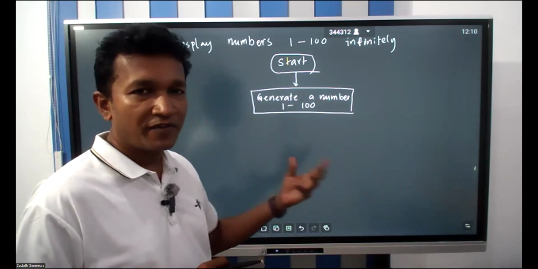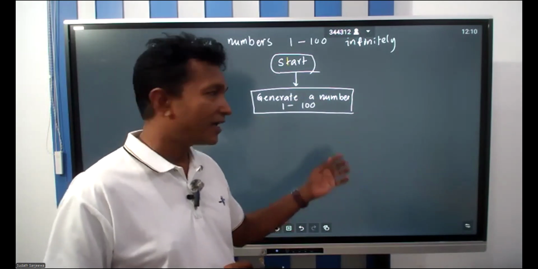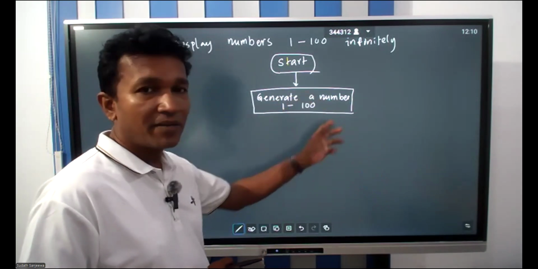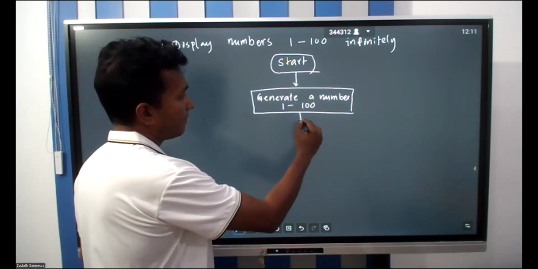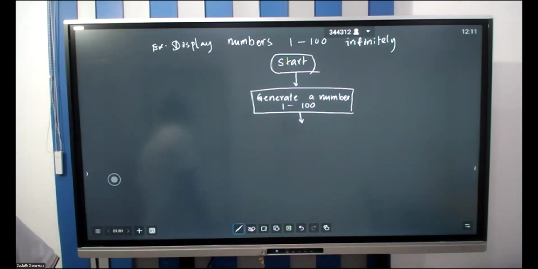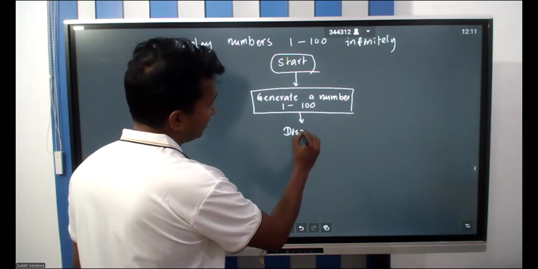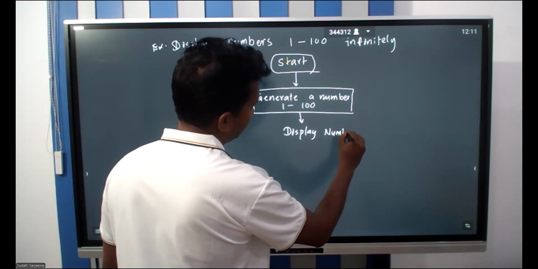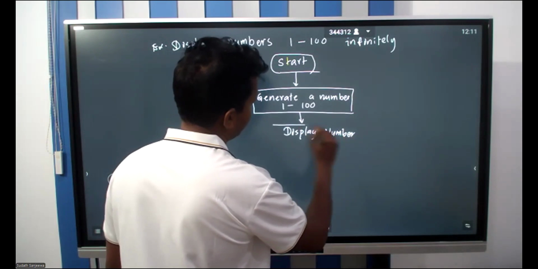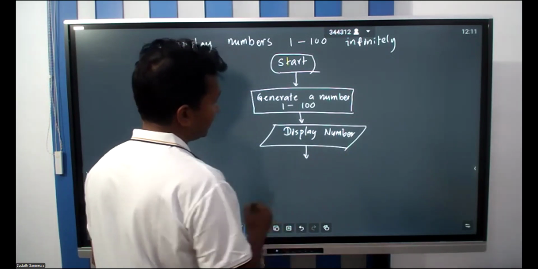It can be 2, it can be 50, it can be 100, it can be 99. Likewise, it will generate a random number. Then we are going to display that number.